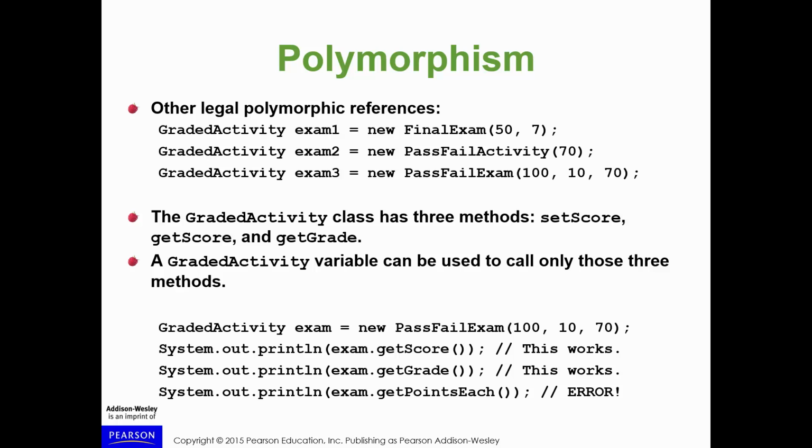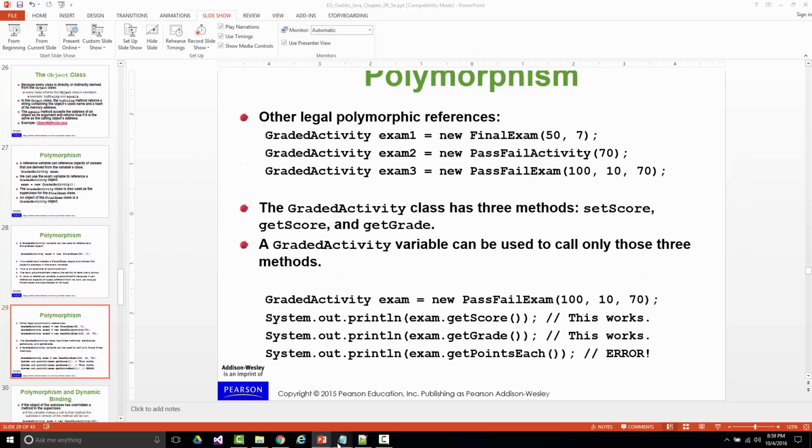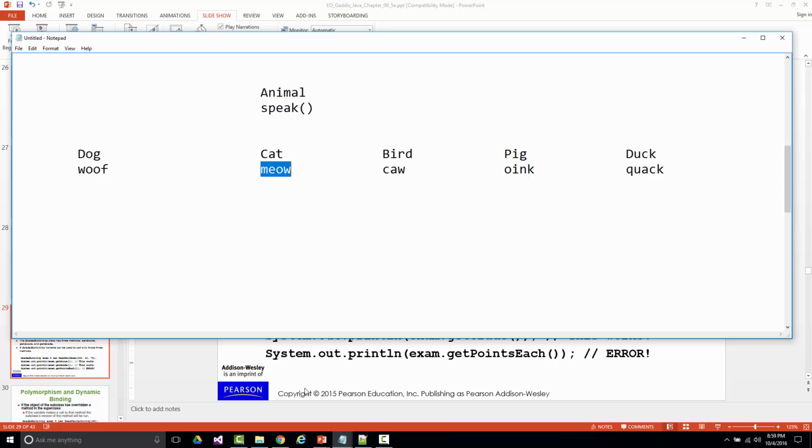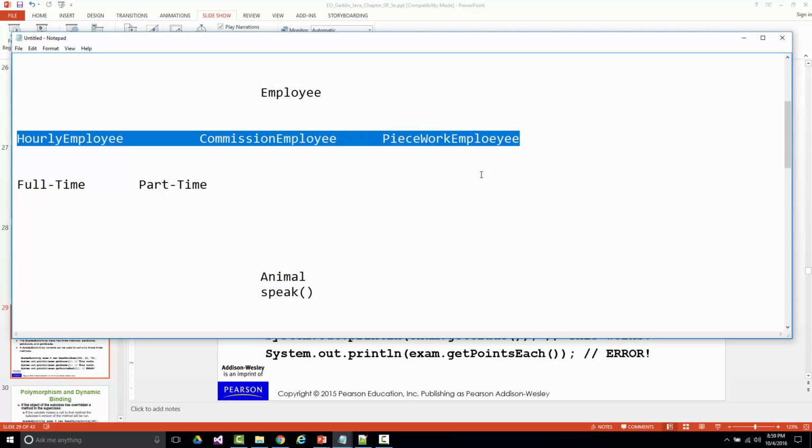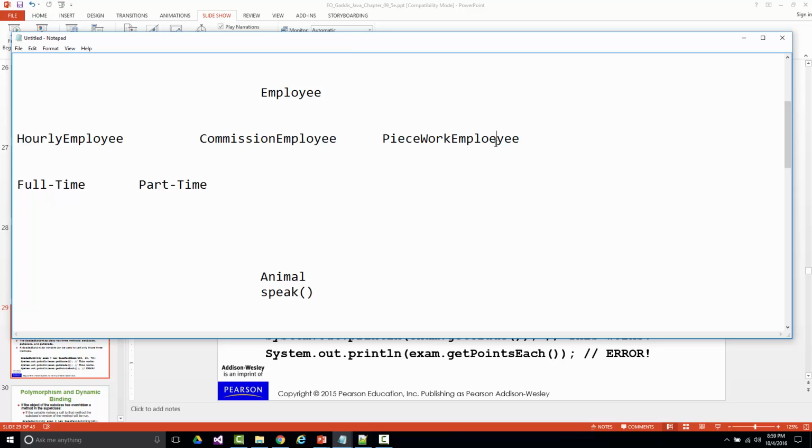What? Well, we go back to what I talked about way earlier, with these employees. I could make myself an employee array, and that employee array could hold hourly employees and commission employees and piecework employees. We're actually going to do something like that in a bit.